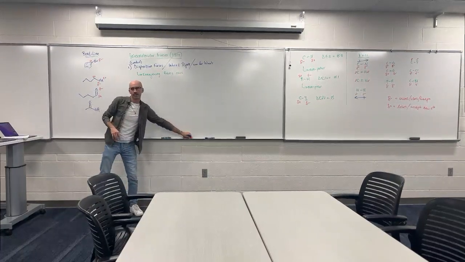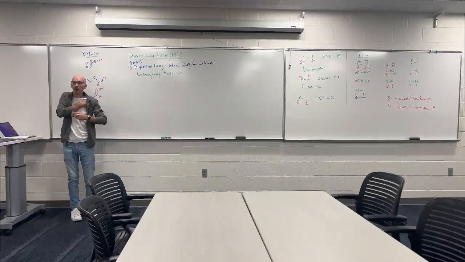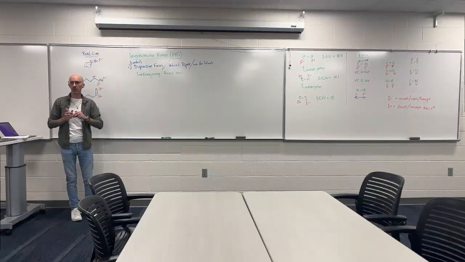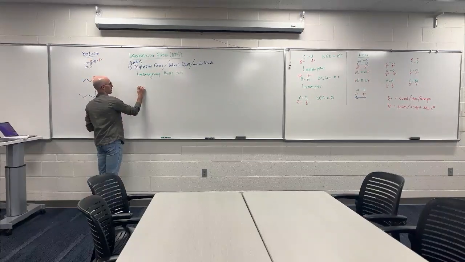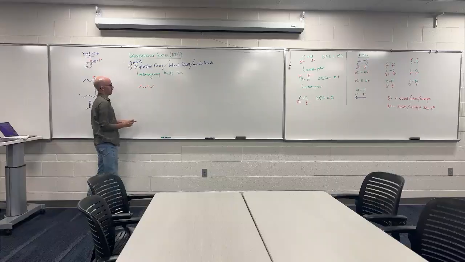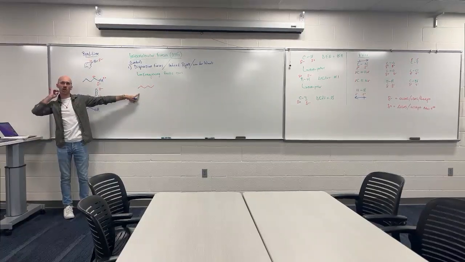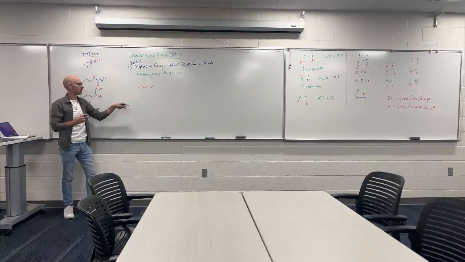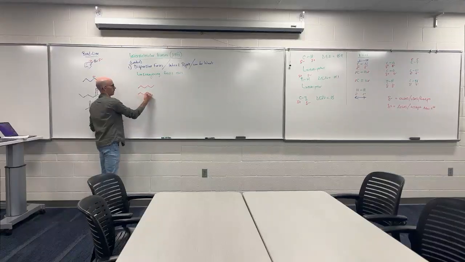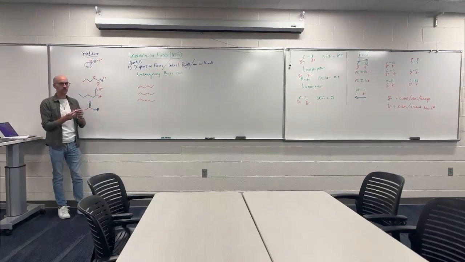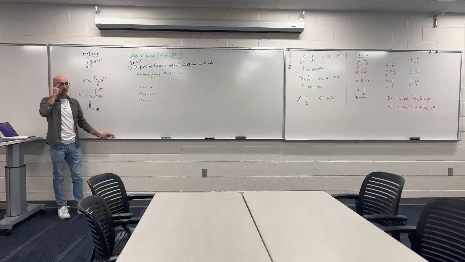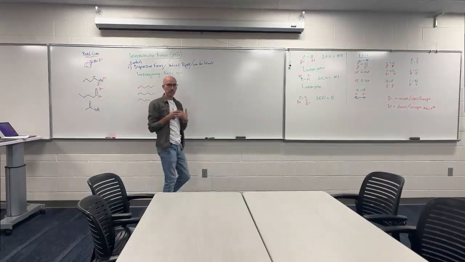So I want us to consider a few samples of molecules. First, a hydrocarbon chain. 6 carbons. And I'm going to draw 3 of them. All of the bonds in this molecule are nonpolar.